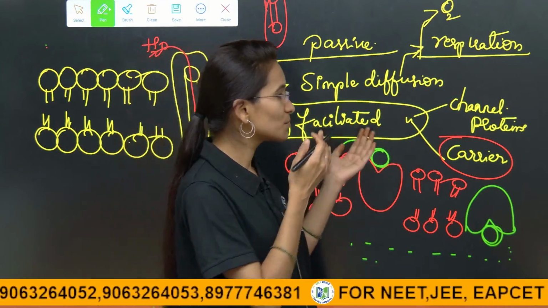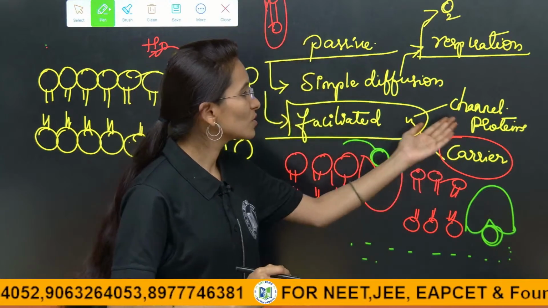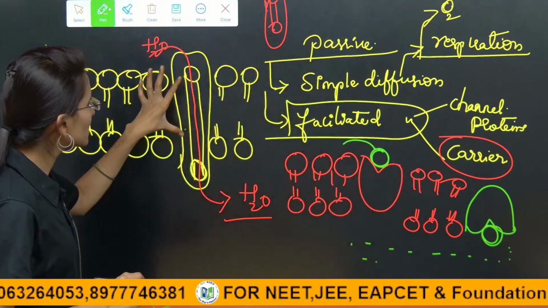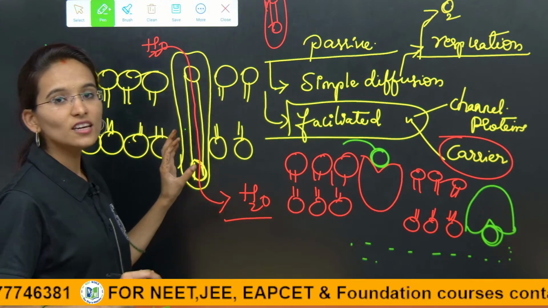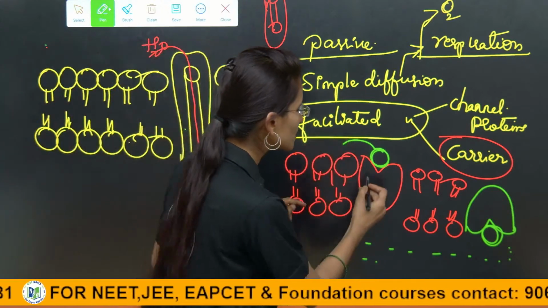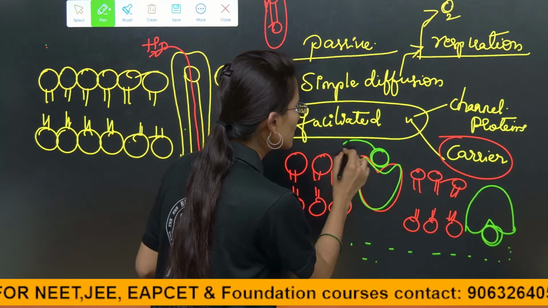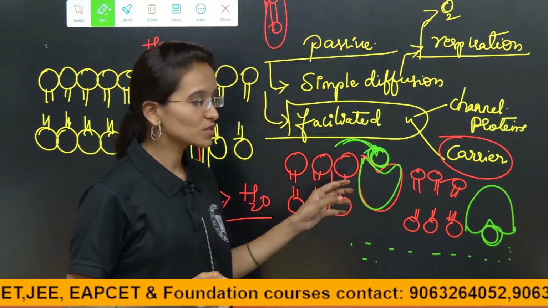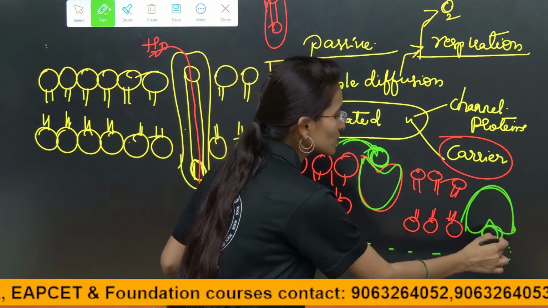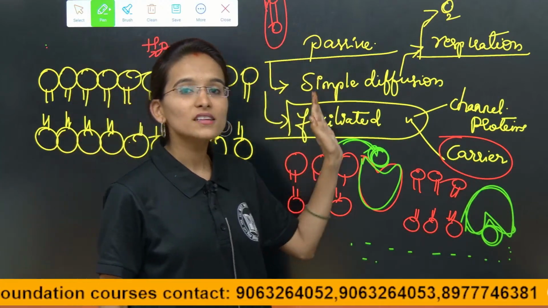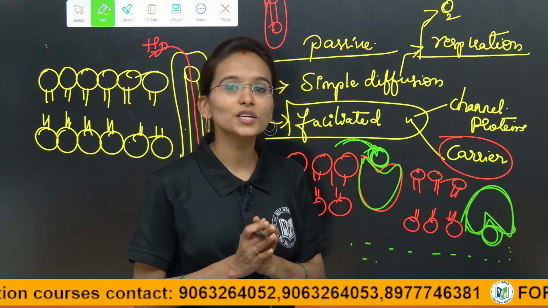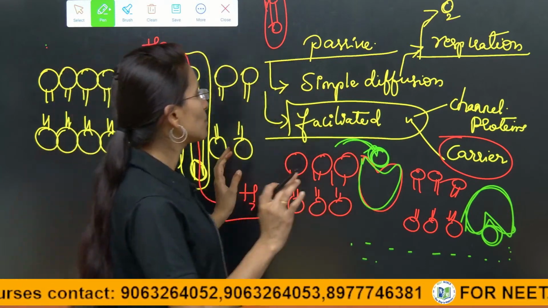Channel proteins create a way like this, take those solvents and distribute them to the cytoplasm, and carrier proteins will be in this shape. They take those molecules and distribute them into the intracellular fluid. This is all about the passive transport mechanism which takes place in the plasma membrane.